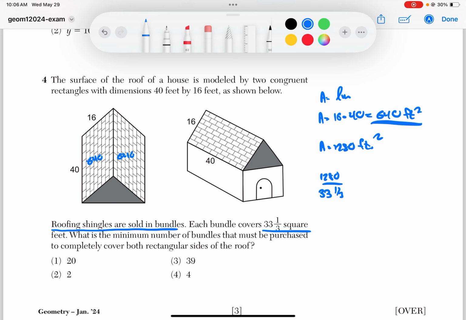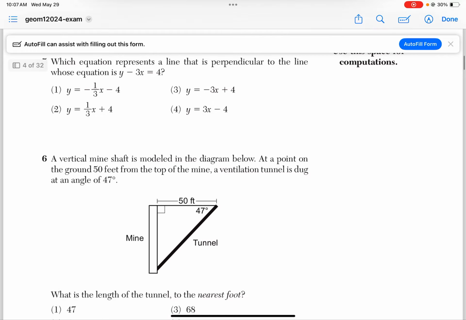I'll just write out a bunch of threes, and you end up with 38.4. Since it takes 38.4 bundles, I can't buy 0.4 of a bundle. That means the minimum amount is I have to buy 39. I have to overshoot it by a little bit. So it's got to be 3.